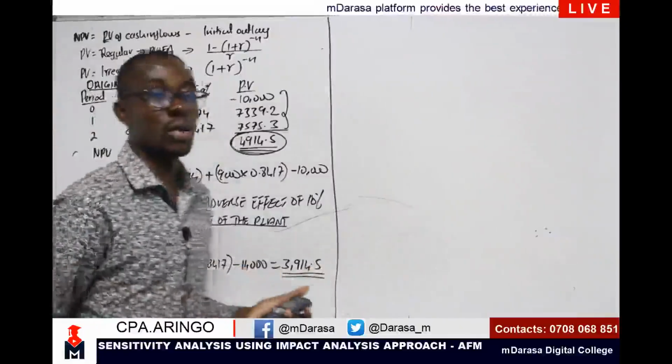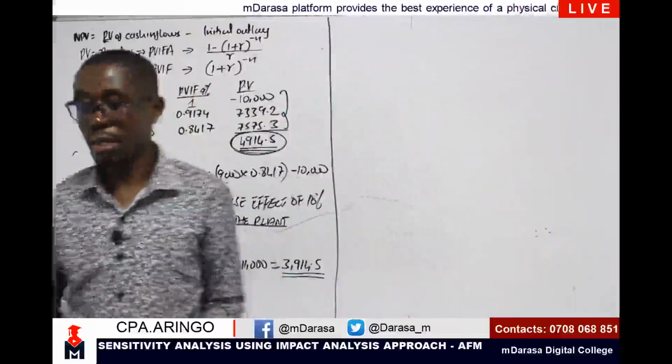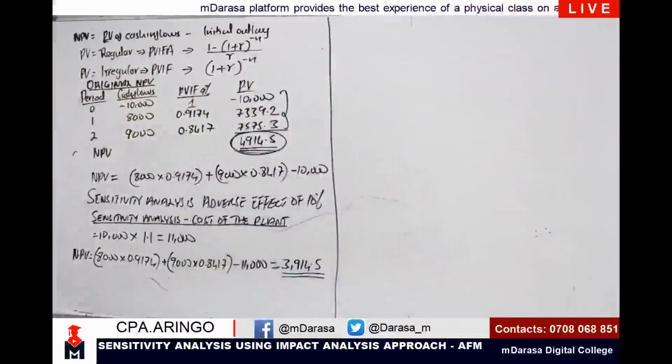So can we now determine the percentage change? That will be easy, my good students, because I'll just be taking our new and old, then we divide by our old.